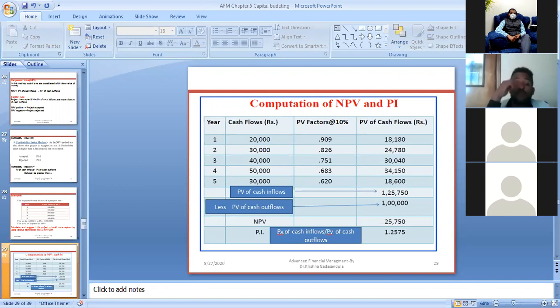PV factor tables, if you search here, you can easily get them, even on Google.